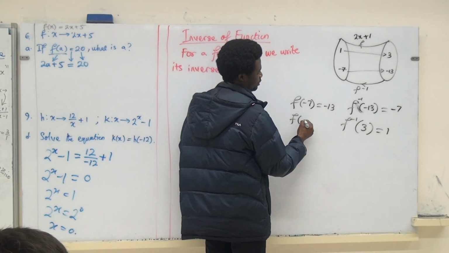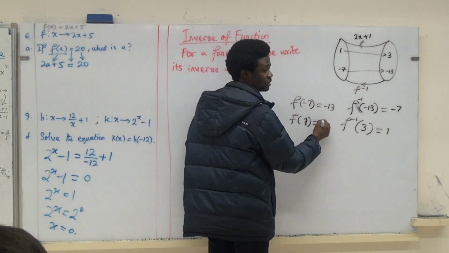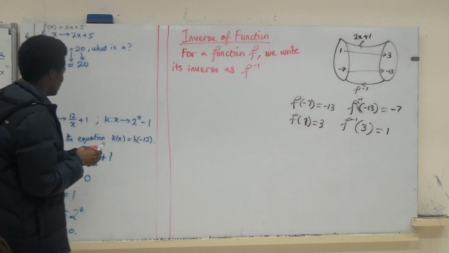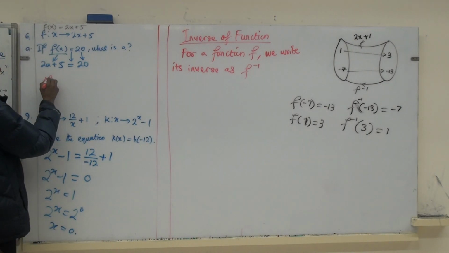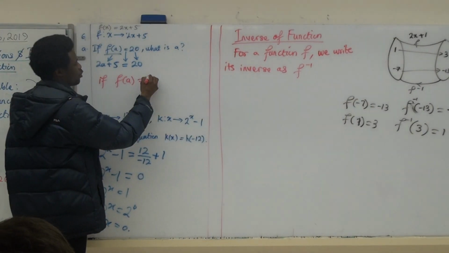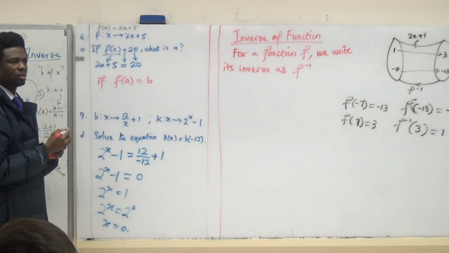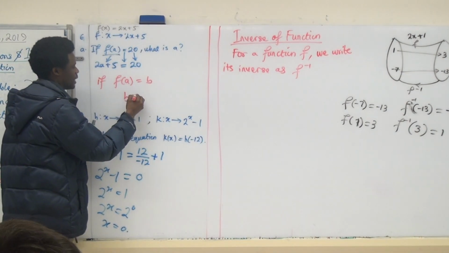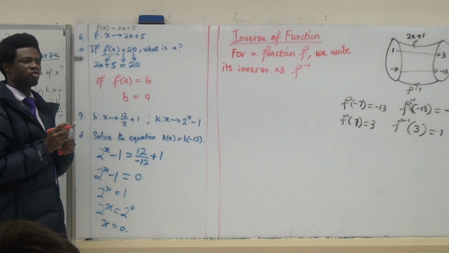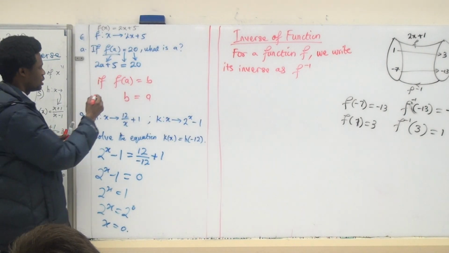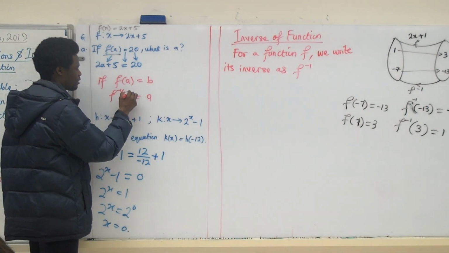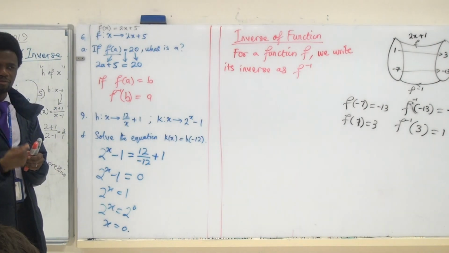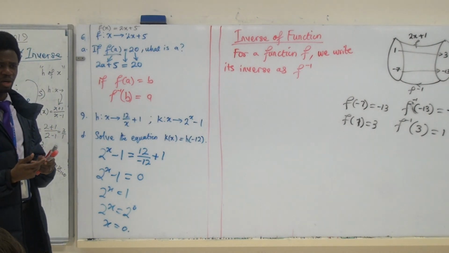And f of 1 is what? 3. So, let me ask a question now. If f of a is equal to b, start with b this time around to be equal to a. What of b gives me a? f inverse, not f negative 1, please. f inverse. Does that make sense to everyone?